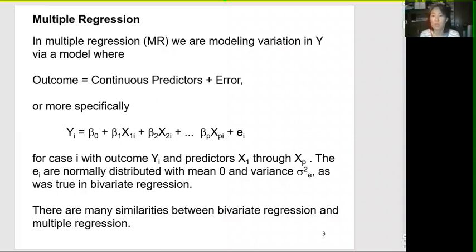So the number of predictors is P. The errors are normally distributed with mean 0 and variance sigma squared, as was true in bivariate regression.